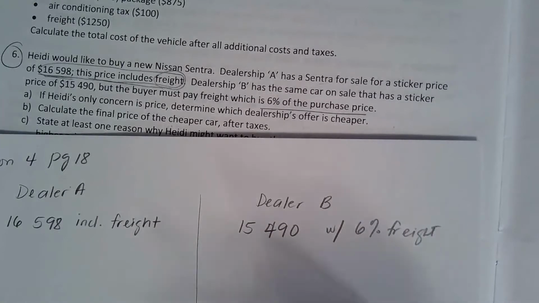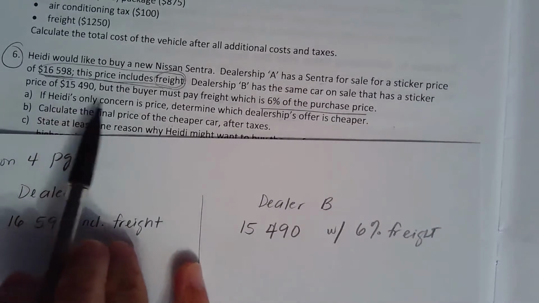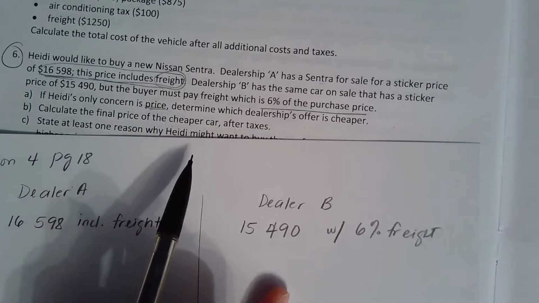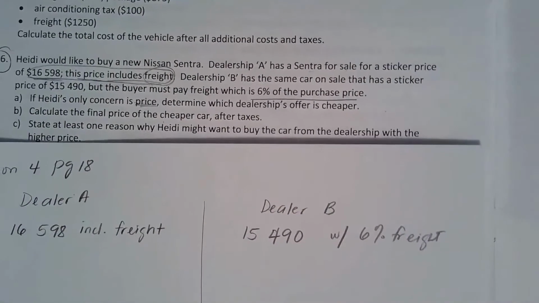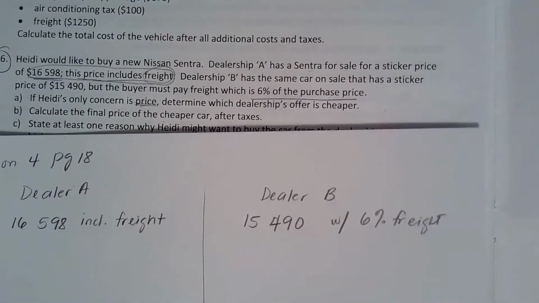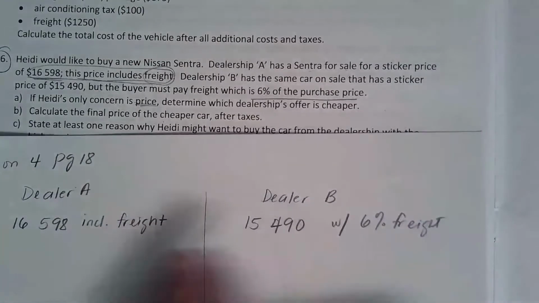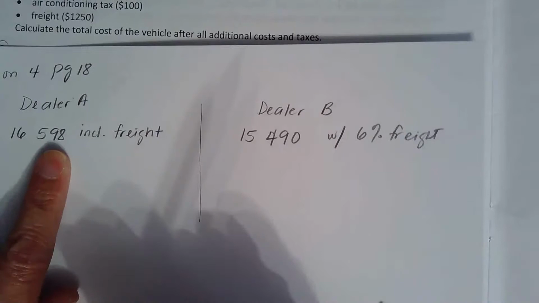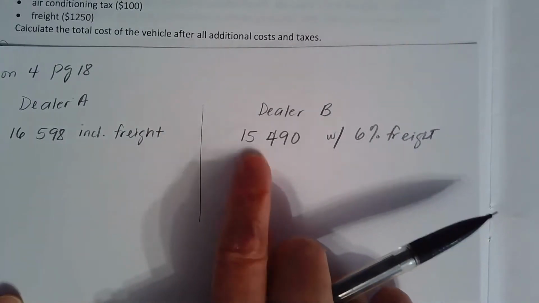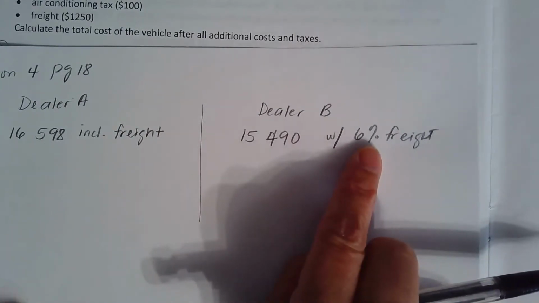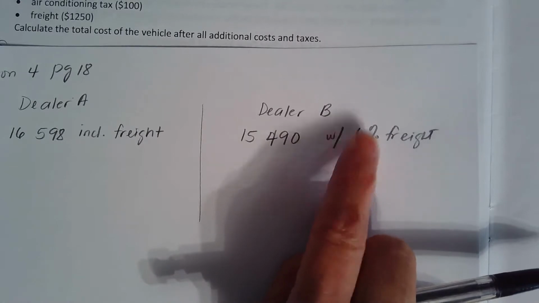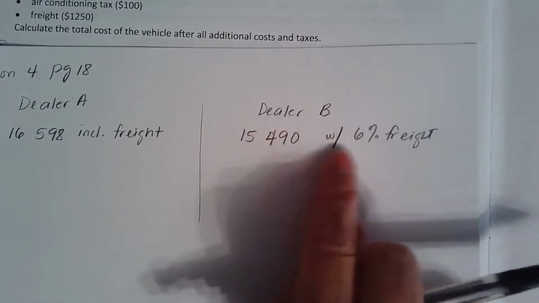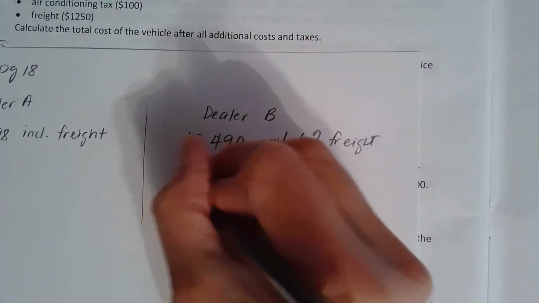Okay. So if Heidi's only concern is the price, not concerned with anything else at all, which one is cheaper? This one here, this is the amount already, and this one here looks like it's less, but we have to include the 6% freight. So let's do this one here. So how much is the freight?